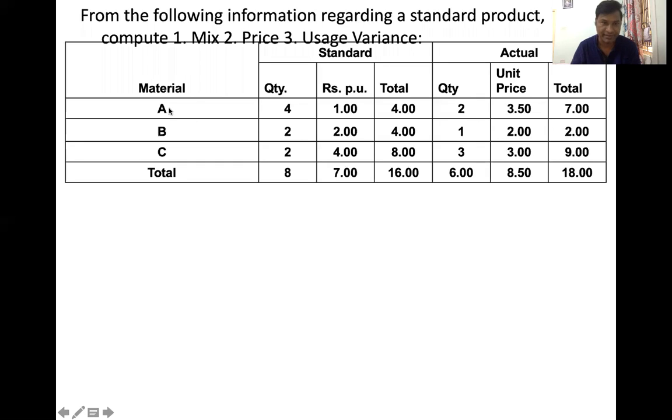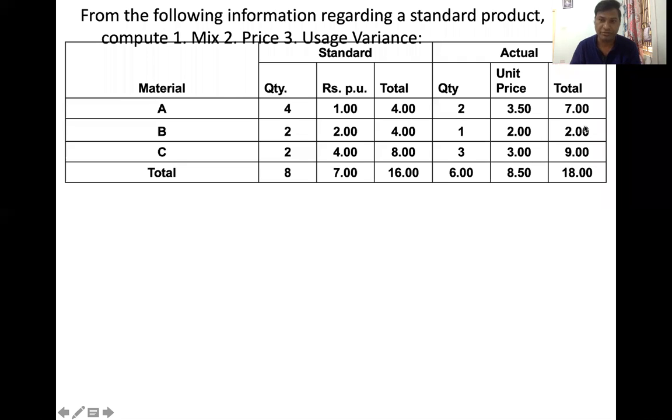This is about A. Let's look at B. The standard quantity is 2 units and each unit costs 2 rupees, so the total of material B is 4. But in the actual scenario, we consumed only 1 unit in the production process, and each unit cost 2 rupees.